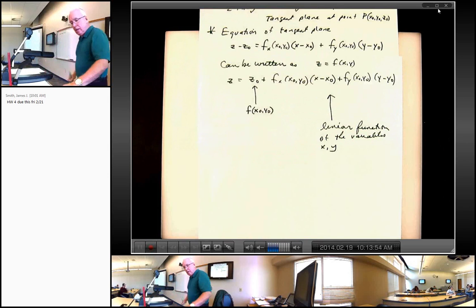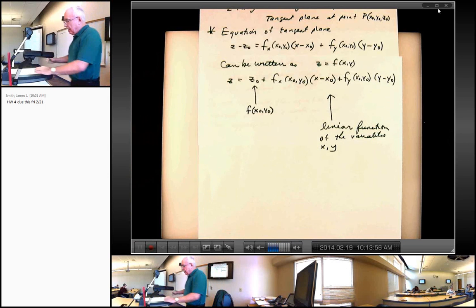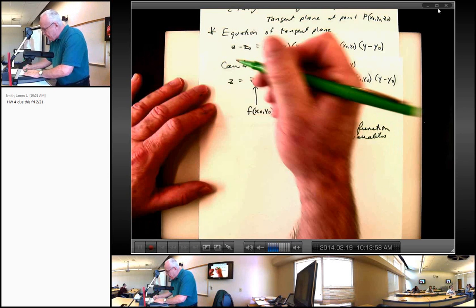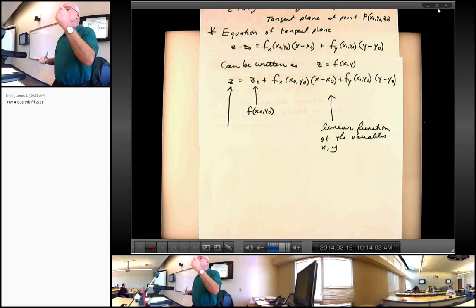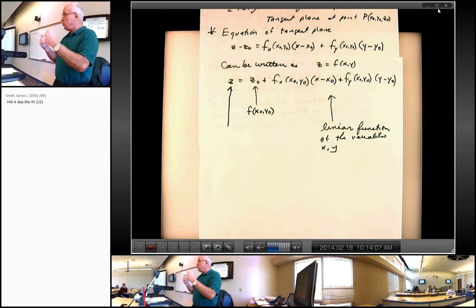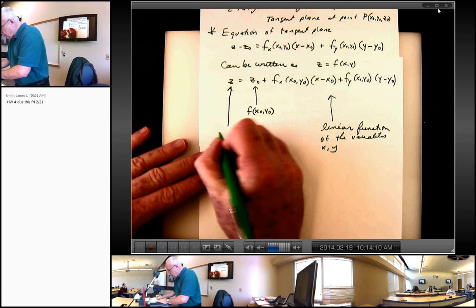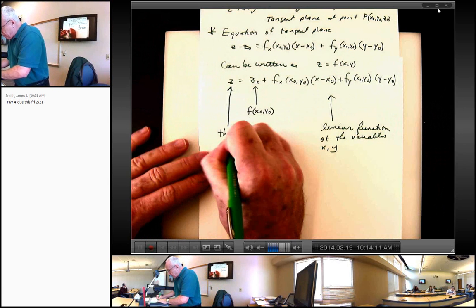Now, this value here of z is very close to the actual surface value when we're close to the point. I'll put that in quotes here.